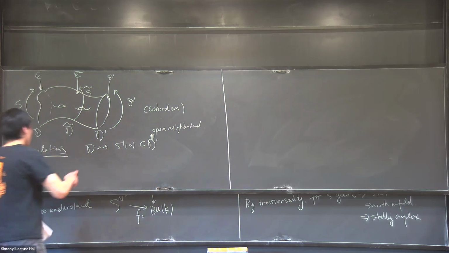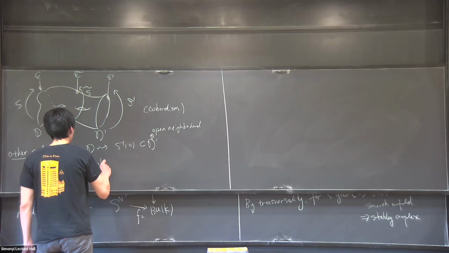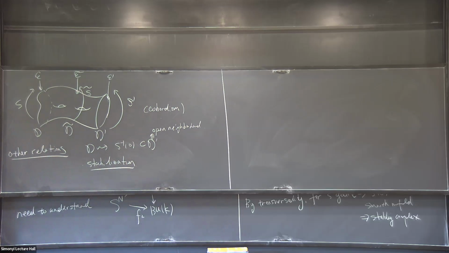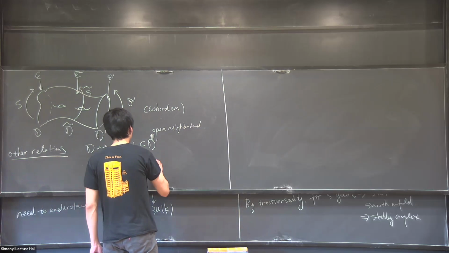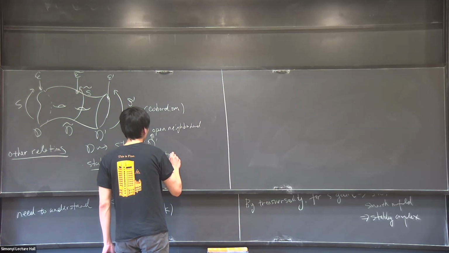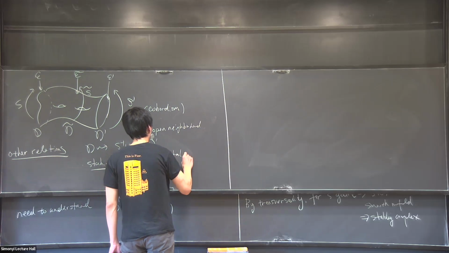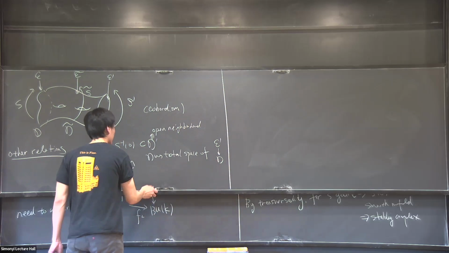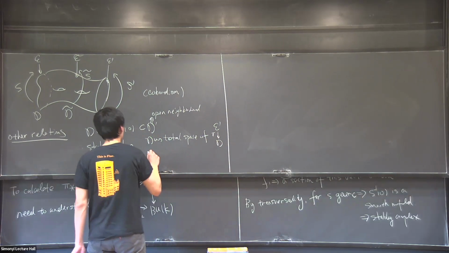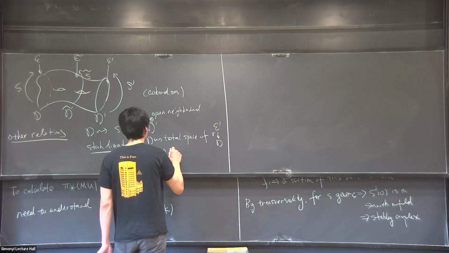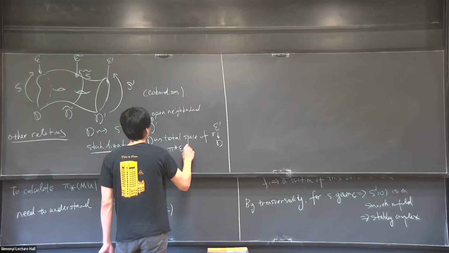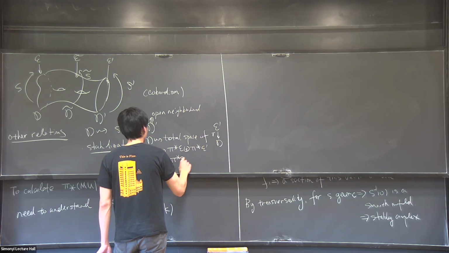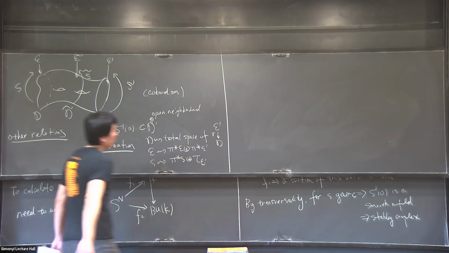And there is also another stabilization relation, which amounts to replacing D by the total space of some other vector bundle over it, and replacing our vector bundle by the sum of these two bundles, and our section by the pullback of this section plus the tautological section of this vector bundle.